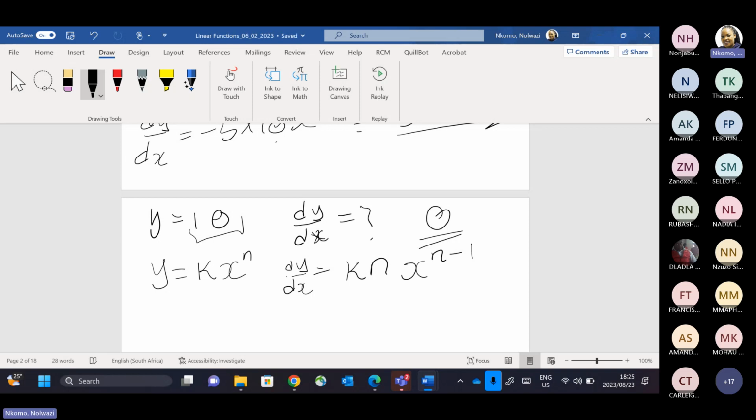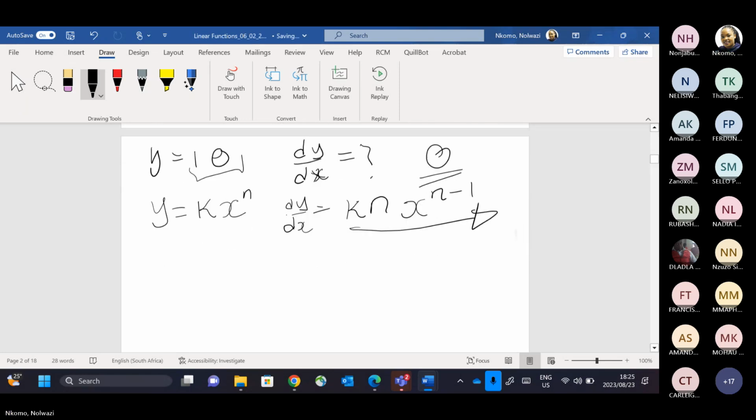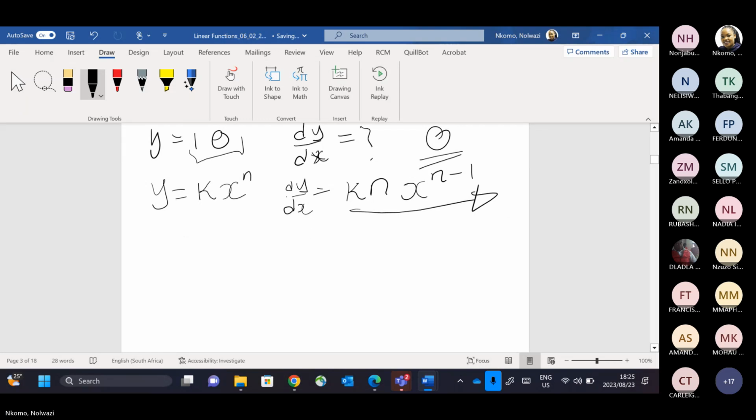Okay. Now I want to show you why the derivative of a constant is 0. I'll show you using this rule, right? y equals k. Again, we're going to be using k as our constant here.